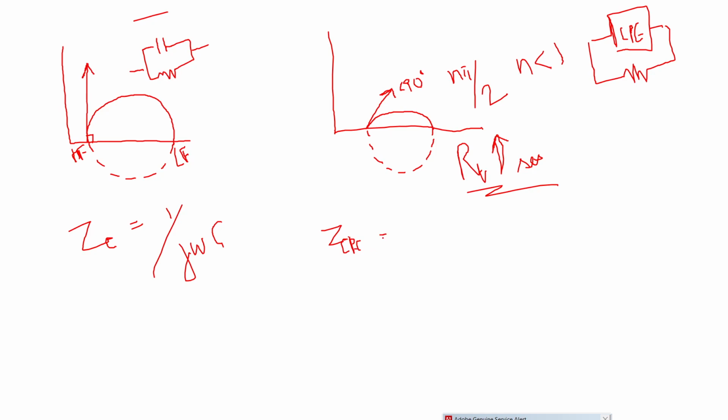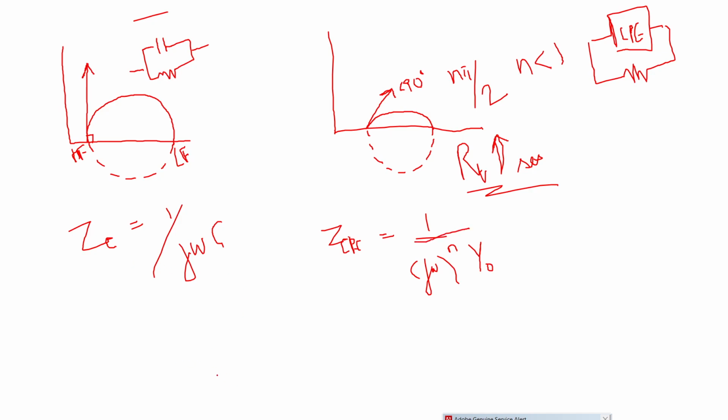It will be of the form 1 by (j omega) raised to n, into Y naught. Y naught is an arbitrary constant. This is the difference between the constant phase element and the capacitor.